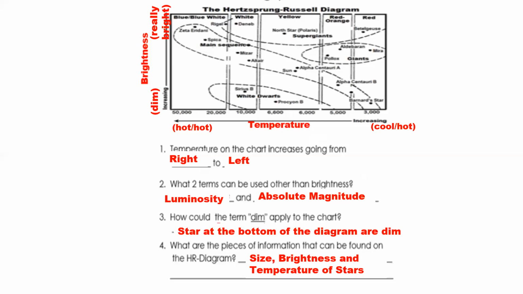How do you know? None of them are blue. How did you know that it was hotter? That's brightness. It's further on the left. So the dot is further on the left. Very good job. Which one is brighter? Deneb is still brighter. How do you know it's brighter? It's at the top. All right.